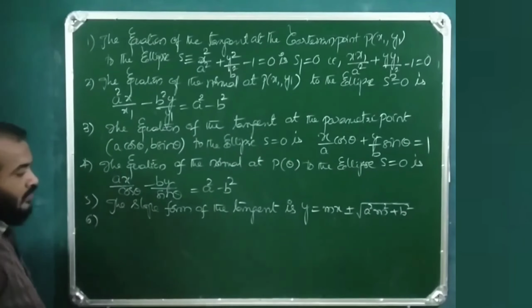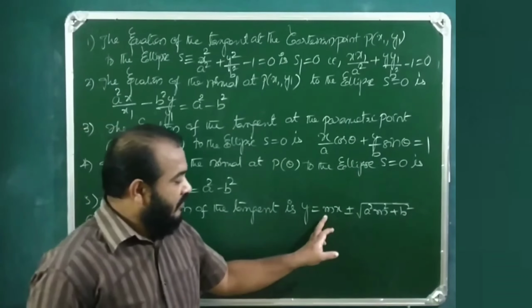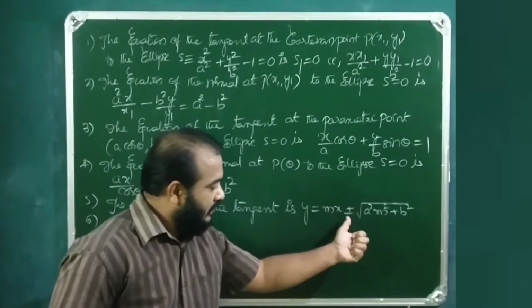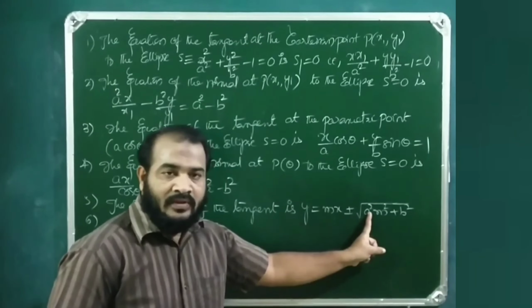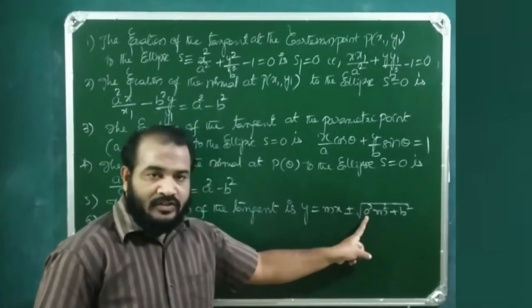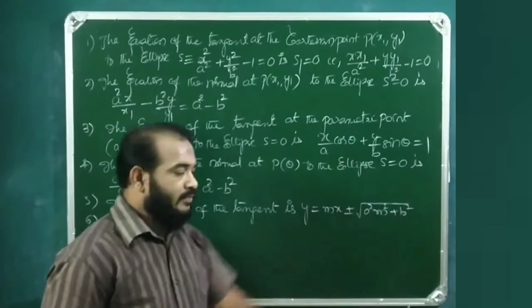So y equals mx plus c; in the place of c, we have got this, and this is the condition for the line y equals mx plus c to be a tangent to the ellipse.